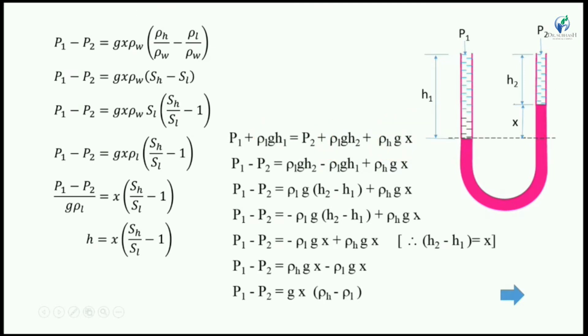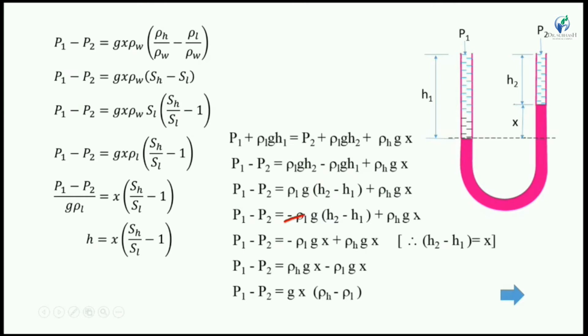Now we have to find the dynamic pressure head, so we have to find the pressure difference P1 minus P2. So we arrange the equation in this way. Now we take rho 1 g common, so in the bracket h2 minus h1, plus rho H g x.